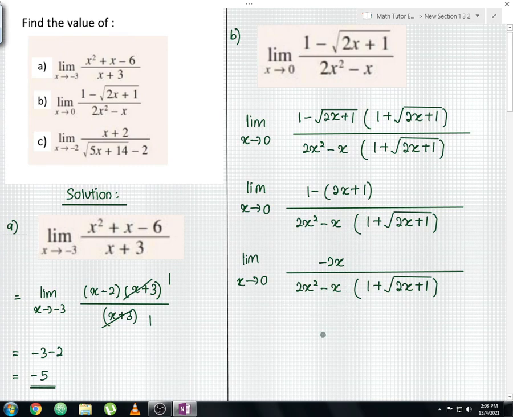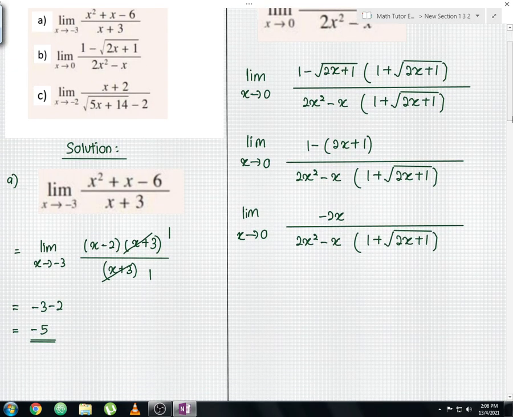So can you observe this expression 2x square minus x? This one you can actually factor out your negative x, guys. Why we are doing this? So we are trying to simplify the negative x in the numerator and in the denominator as well. So from here limit x approaches 0. You factor out the negative x, you only left out with 2.